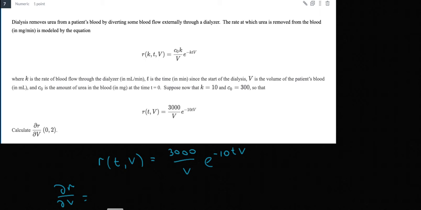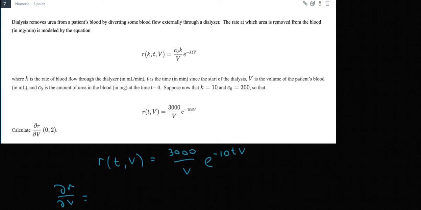And so t, for the purposes of calculating this partial derivative, is just some constant whose value has not been specified. Now, we see that the function is a product of two terms containing the V variable. The first term is 3000 divided by V, and the second term is e to the power negative 10tV, an exponential term.